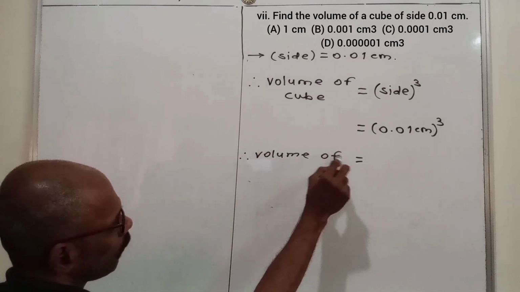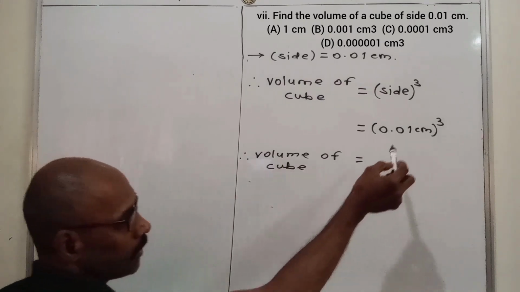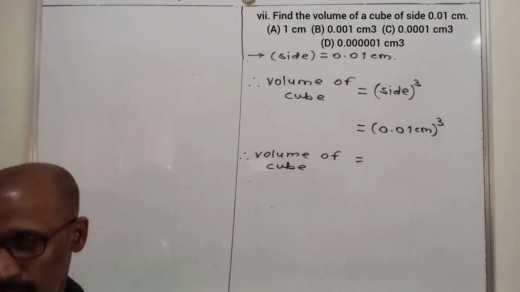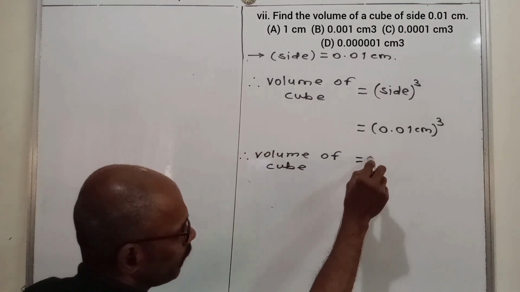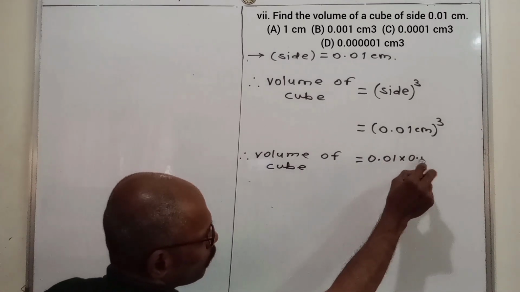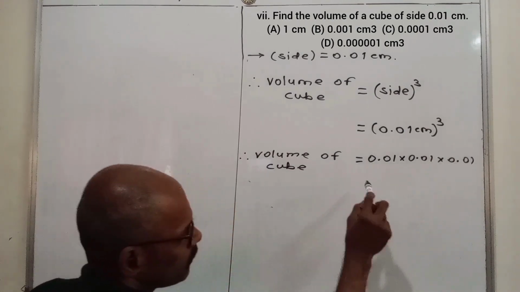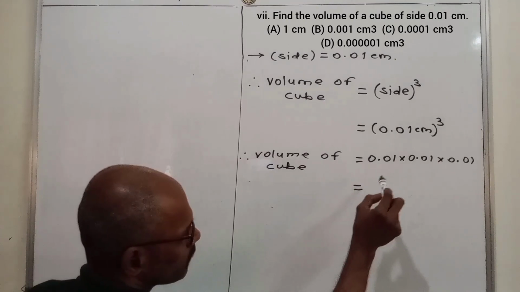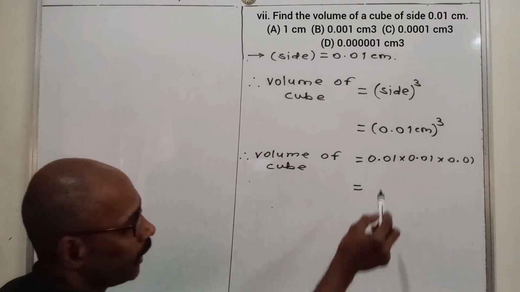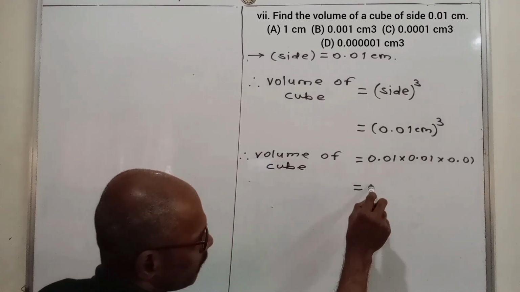Therefore, volume of cube is equal to 0.01, 3 times multiplication. See here, 3 times 0.01 into 0.01 into 0.01 means 1 into 1 into 1 means 1. Okay, and how many decimal places? 1 2 3 4 5 6.